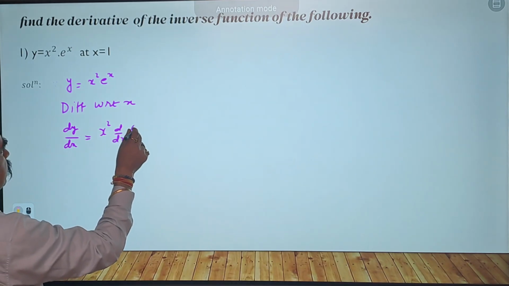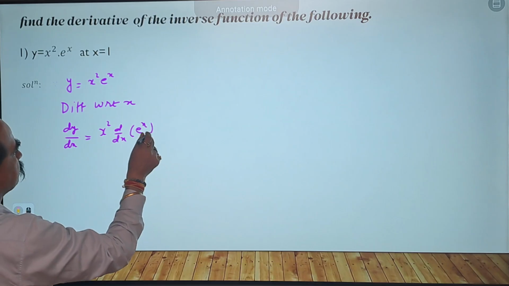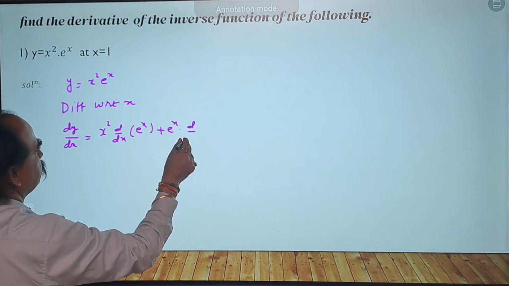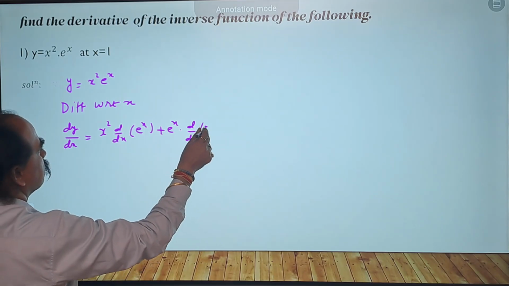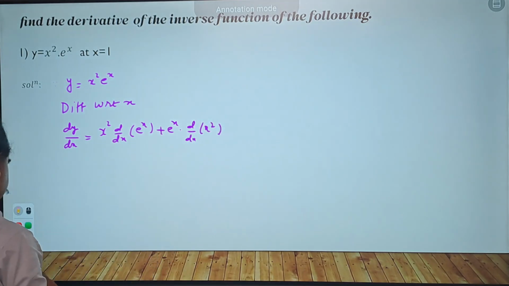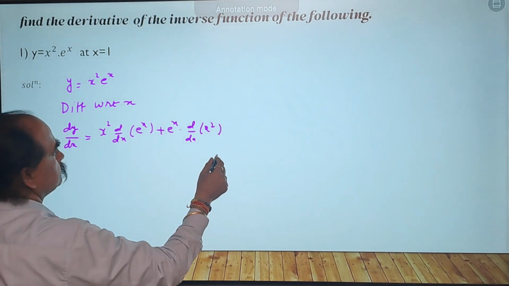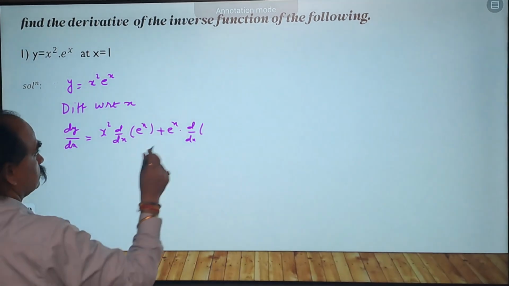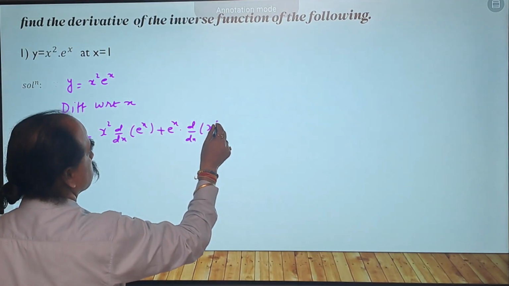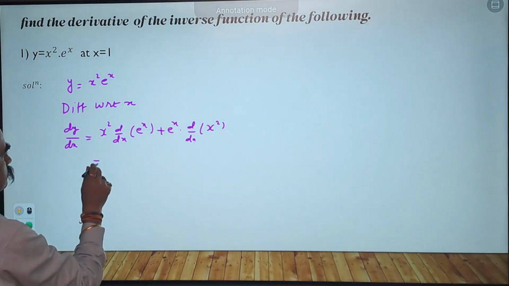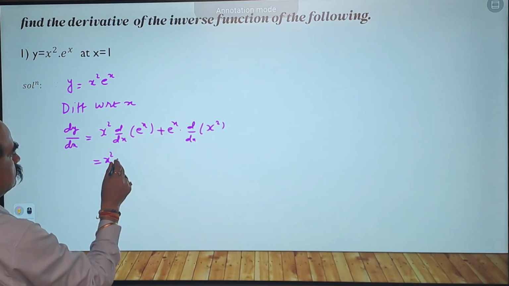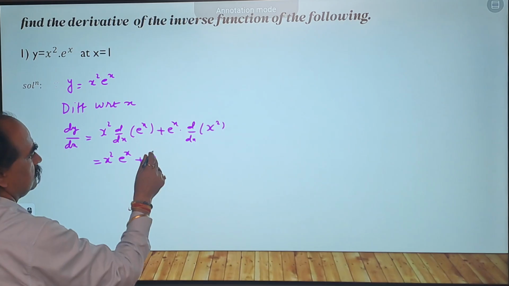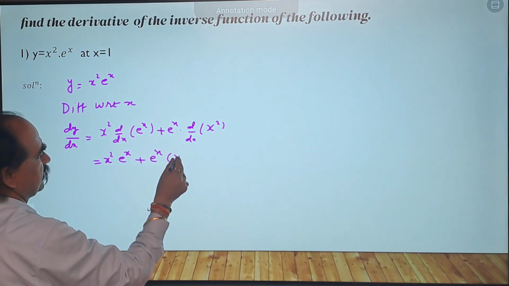x square into derivative of e raised to x plus e raised to x into derivative of x square. Derivative of e raised to x is e raised to x, plus e raised to x into 2x.